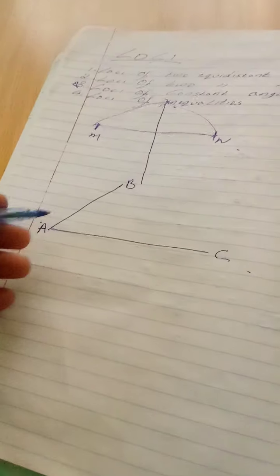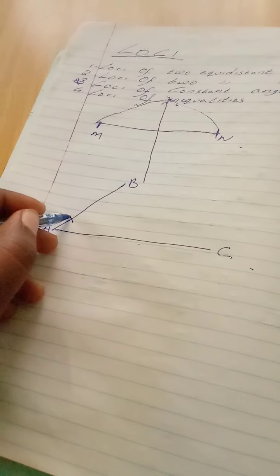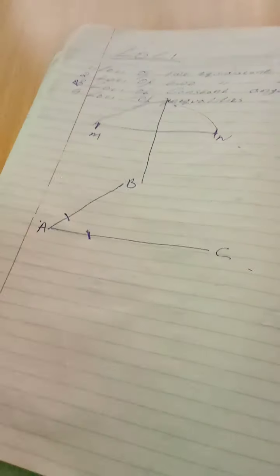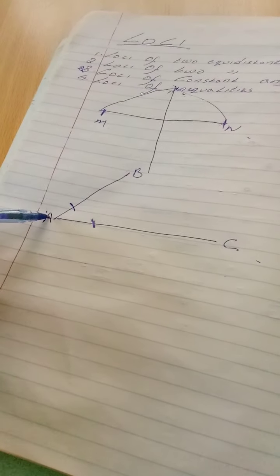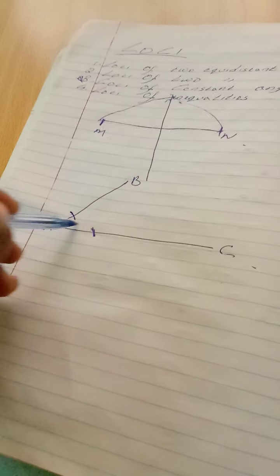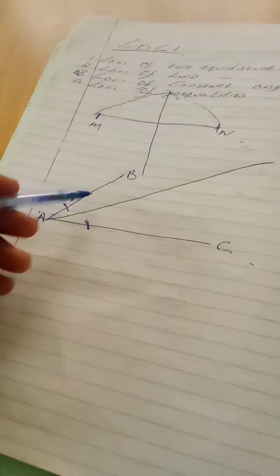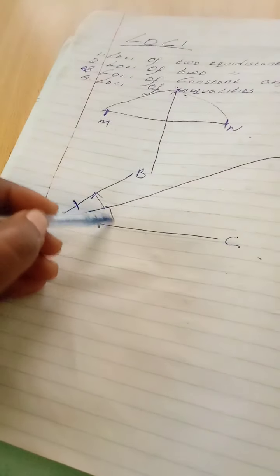Here we said you bisect the angle at point A. So A is a common point for both lines. So you will bisect the angle at the common point. So if you bisect the angle here, then any point on this line here will be the same distance from AB and AC.